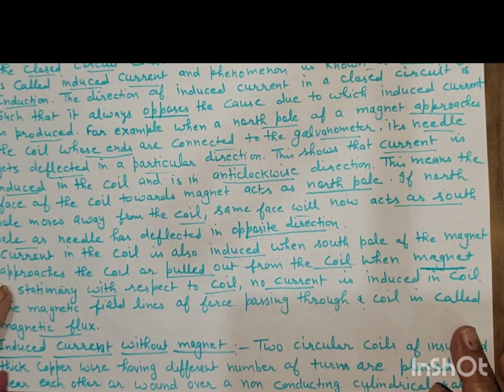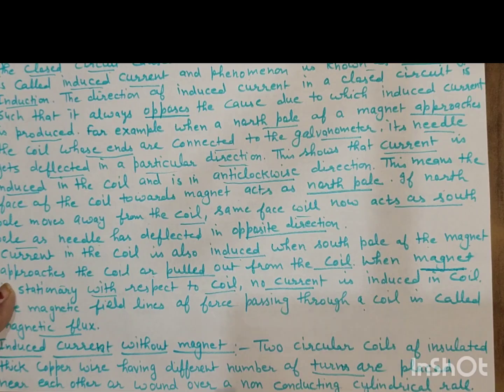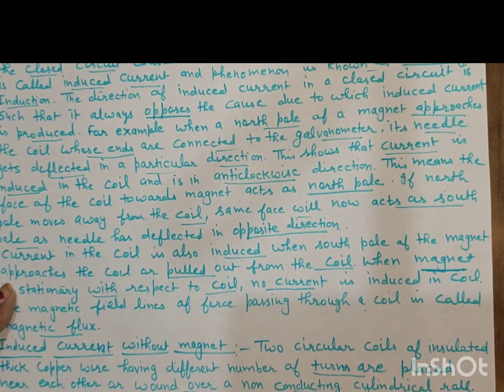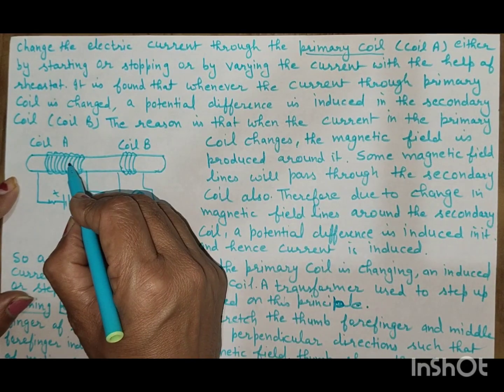Induced current without a magnet. Two circular coils of insulated thick copper wire having a different number of turns are placed near each other or wound over a non-conducting cylindrical roll. Change the electric current through the primary coil. This is the primary coil.